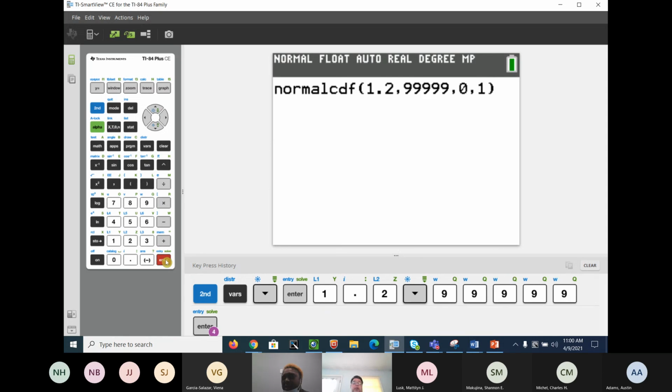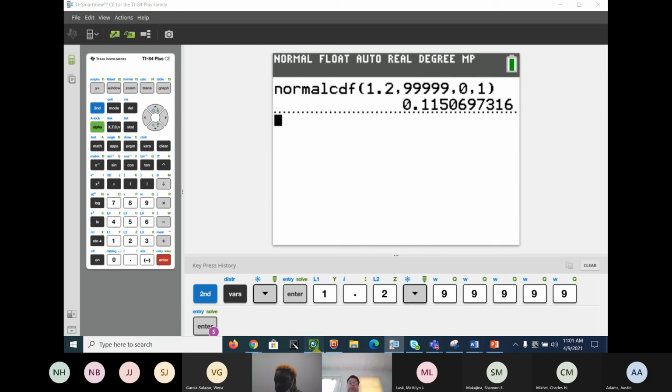And that's what it looks like, and hit enter. I got 0.1151. So the answer is 0.1151 or 11.5%. What did I say with the empirical rule? I said 10.5%, and that's a good estimate.